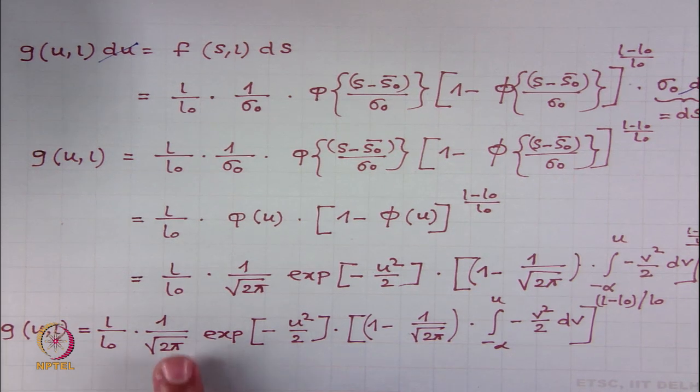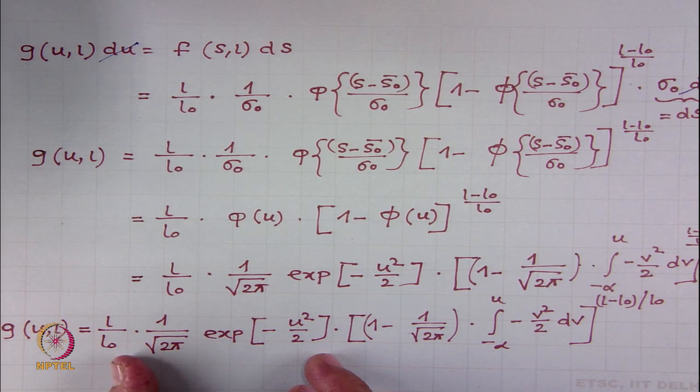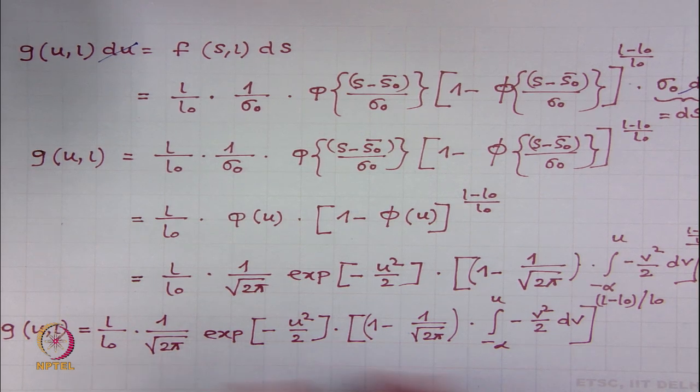L by L0, 1 by root over 2 pi, e to the power minus u square by 2. This is your phi of u, lowercase phi, into 1 minus 1 by root 2 pi.